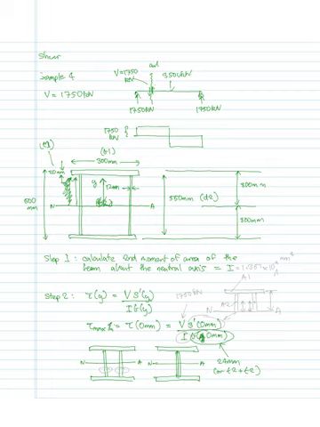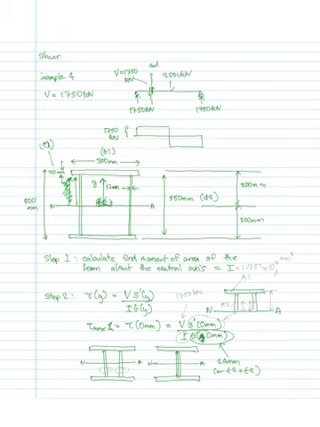I'll just draw that there, and that line there is the neutral axis. We're just going to be calculating the first moment of area about the neutral axis.